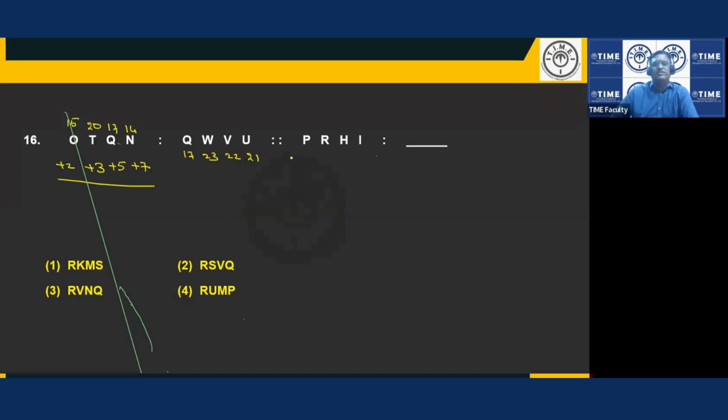Prime numbers. Apply here also. Plus 2, plus 3, plus 5 and plus 7. P16 plus 2, 18 R. All options start with R. R is 18 plus 3, 21 U. Only one option is matching, option 4, enough. Then H is 8 plus 5, 13 M. Of course, same option. I is 9 plus 7, 16 P. Option 4.